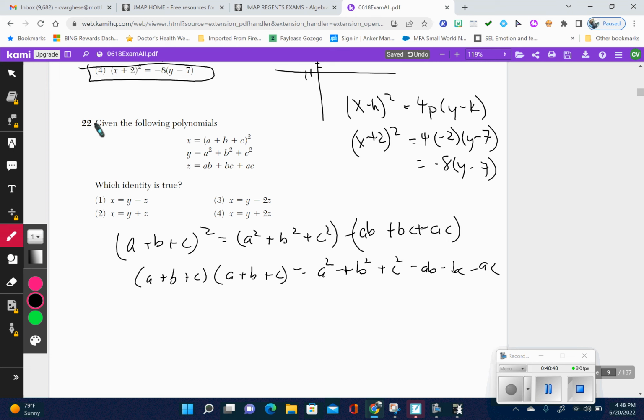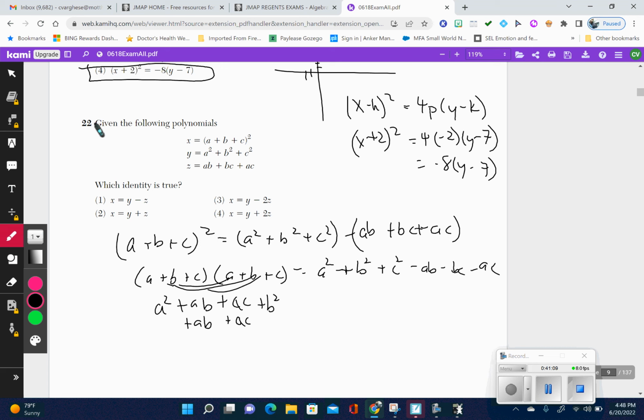You could see that because that's going to be a squared, that's going to be ab, that's going to be ac, ac, and then here is going to be another ab, right? These two. This is going to be b squared, so plus b squared. This is going to be ca, so plus another ac here.